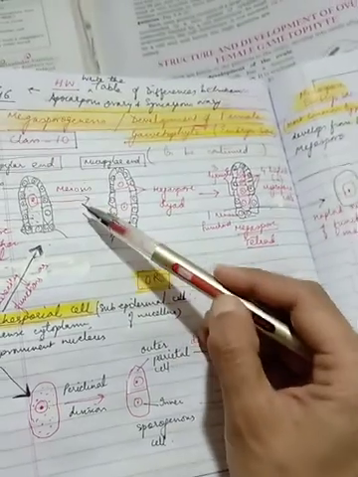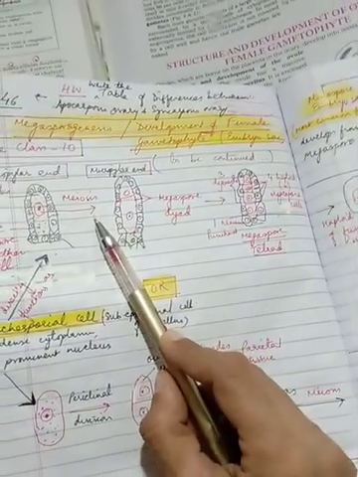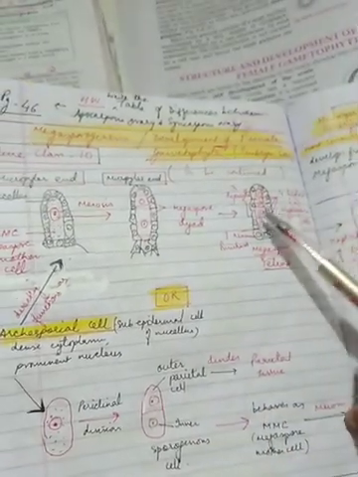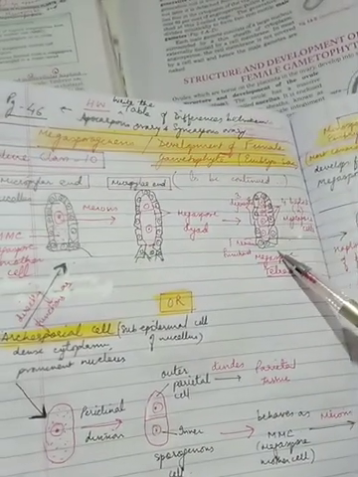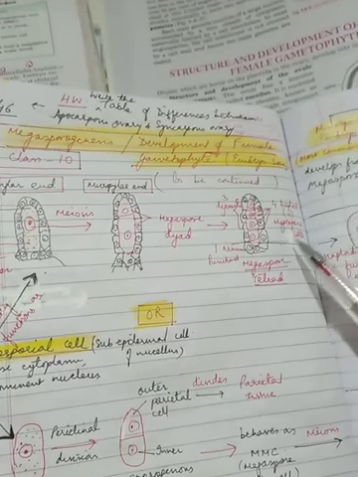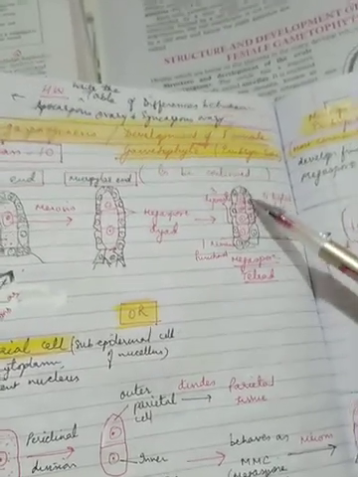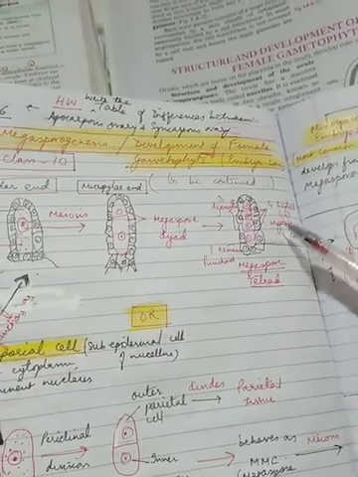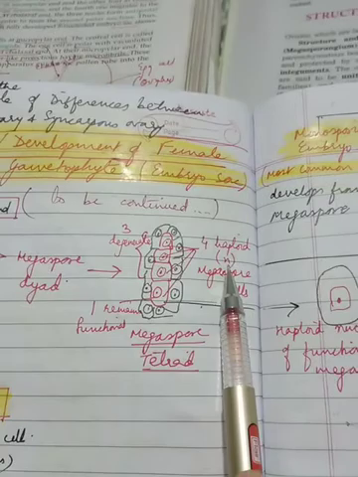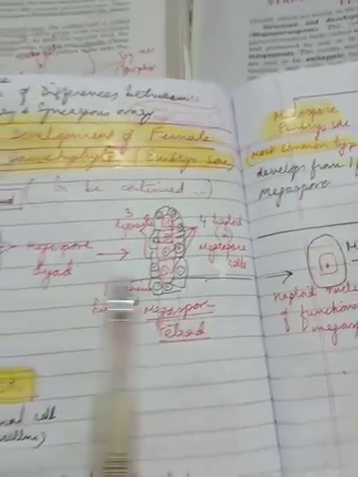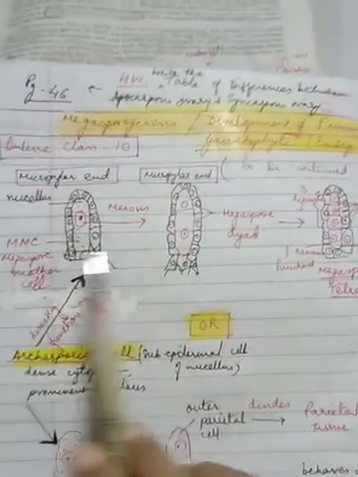This cell undergoes meiosis or the reduction division and ultimately forms a linear arrangement of 4 haploid megaspore cells. All you can see is half the number of the mother cell. So these are 4 haploid megaspore cells that are formed from the megaspore mother cell.